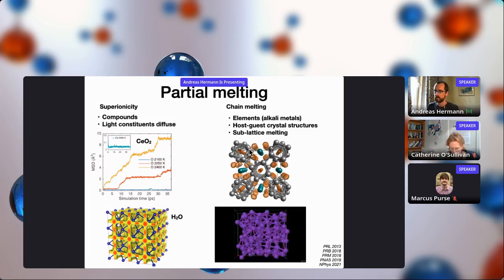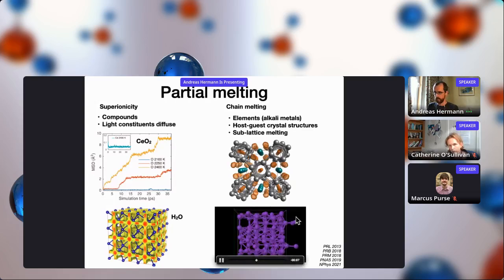The gray atoms are what we call the host lattice, and the green ones are the guest lattice. They form these chains. And if you look at a simulation of these, in a sideways view, you can see these chain atoms wandering out relative to the host lattice. But that's fine, so the lattices can move against each other.